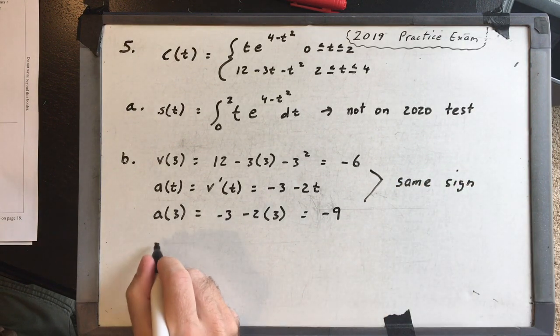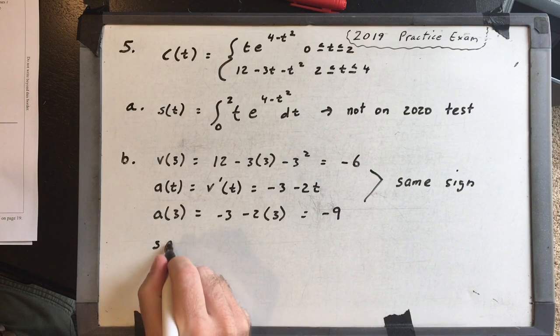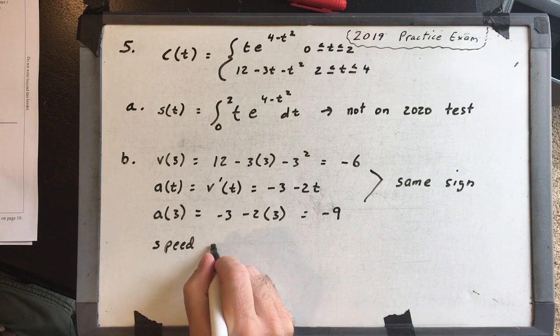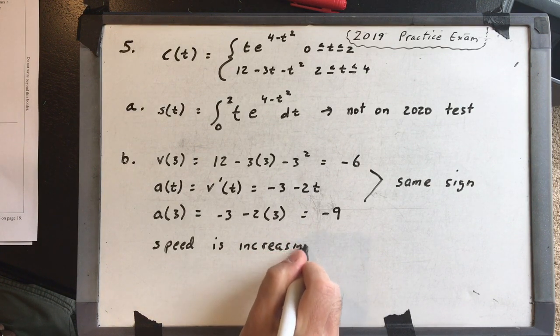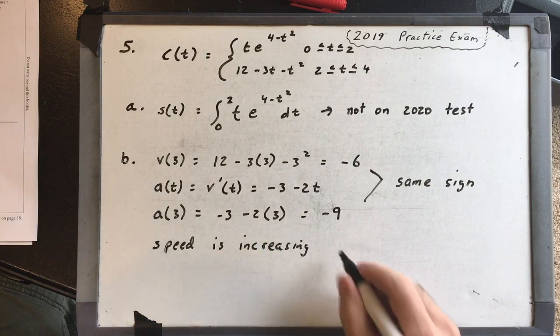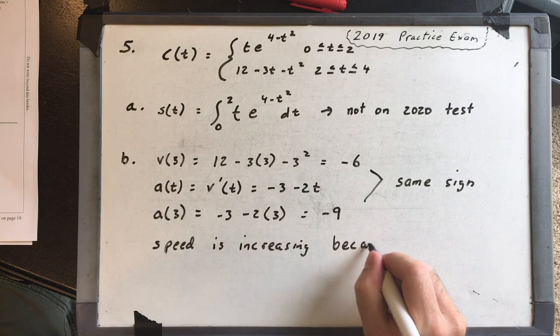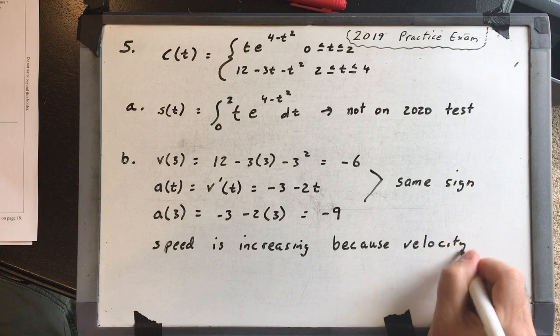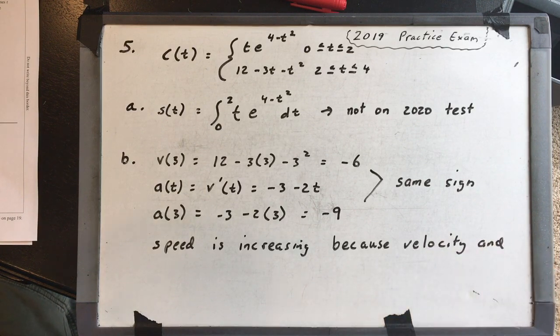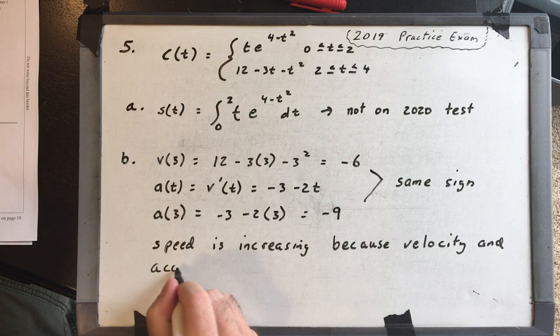So our answer is the speed is increasing because velocity and acceleration have the same sign.